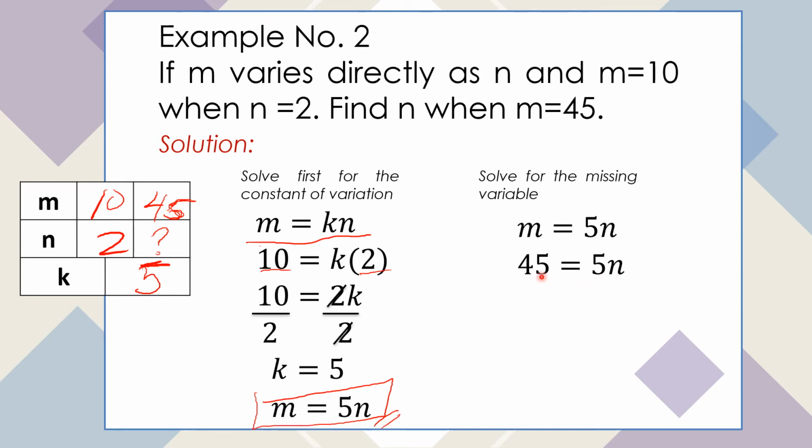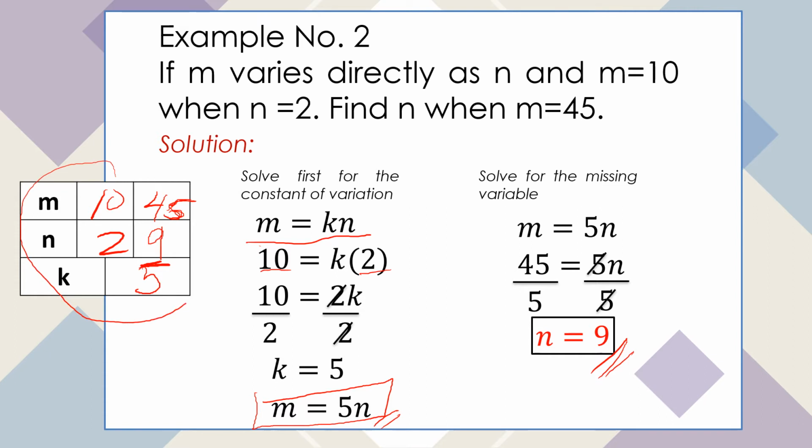Divide both sides by 5 to remove the number with N. N equals 45 divided by 5, which is 9. That's the value of N if the value of M is 45. Again, what happened? We wrote the given, wrote the equation, found k, found the equation of variation, substituted the given, and then solved: N equals 9.